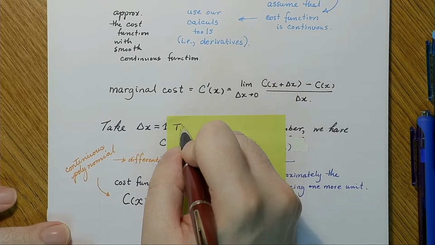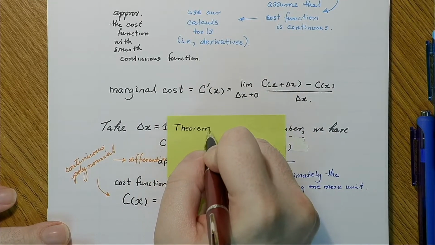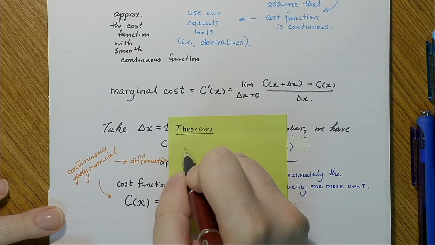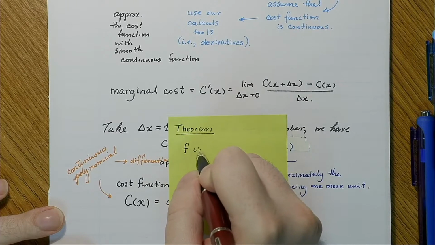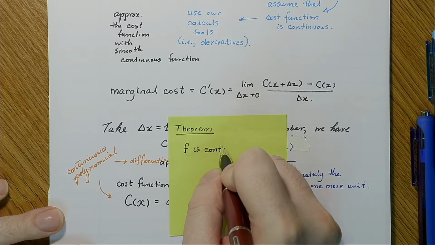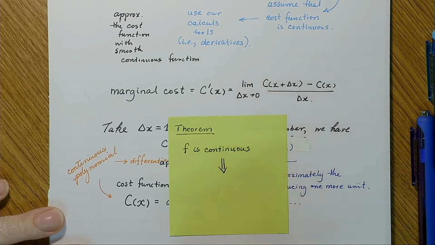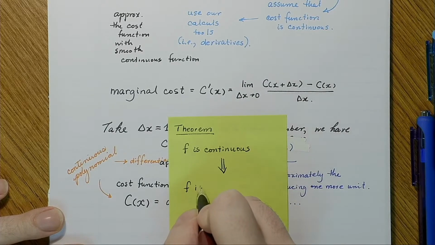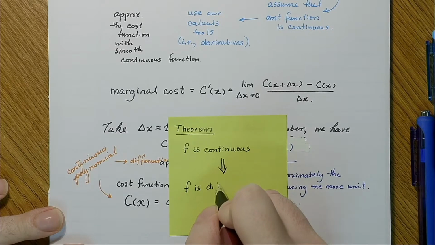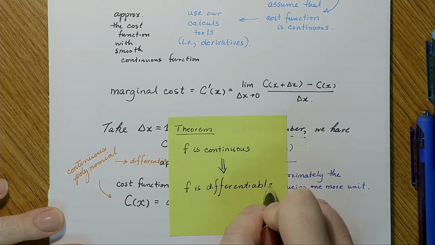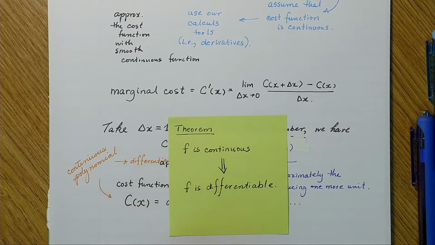It is a theorem, which is that if a function f is continuous, that implies that f is differentiable. Okay? So if it's continuous, it's differentiable. But notice that it's an arrow.